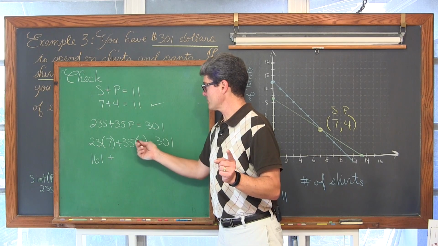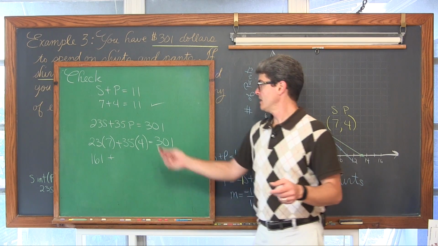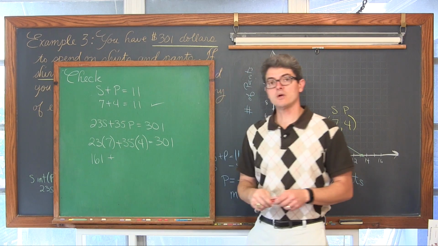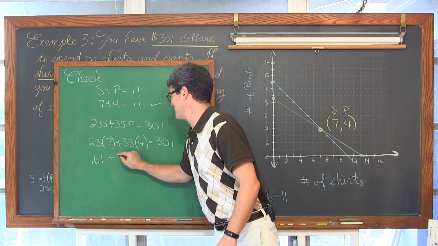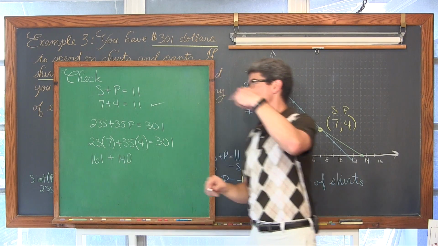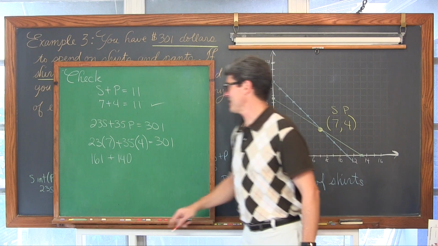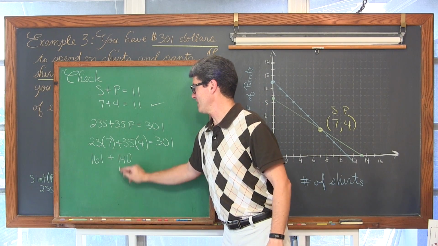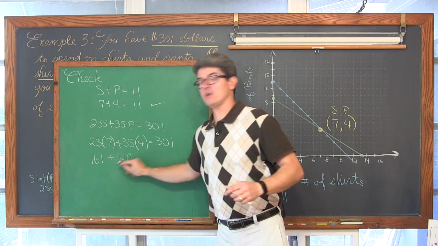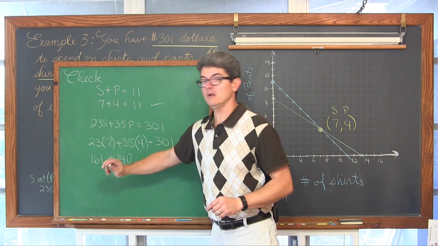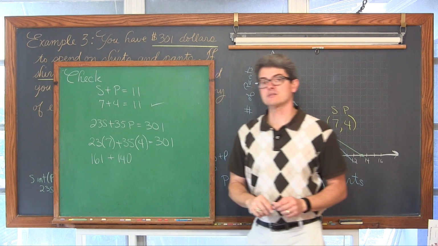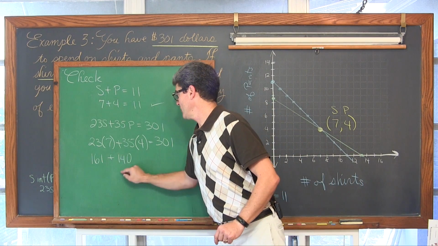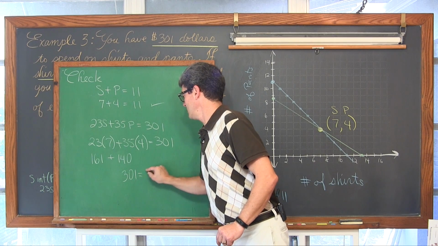Now 4 times 5 is 20. 120 and 20 makes 140. Running that through in my head one more time to make sure I'm right: 161, well, we have 140 plus 100 is 240. 240 plus 60 is 300. And yeah, we get 301.